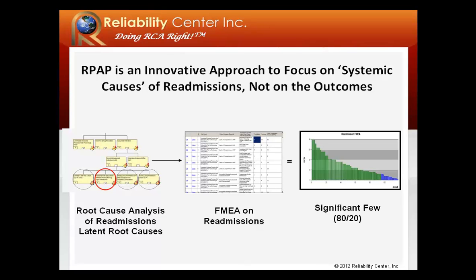We're going to evaluate those causes as they relate to our particular facility. As a result, we're going to identify what we call the significant few, the 20% or less of the failure modes that are accountable for 80% or more of the readmissions.